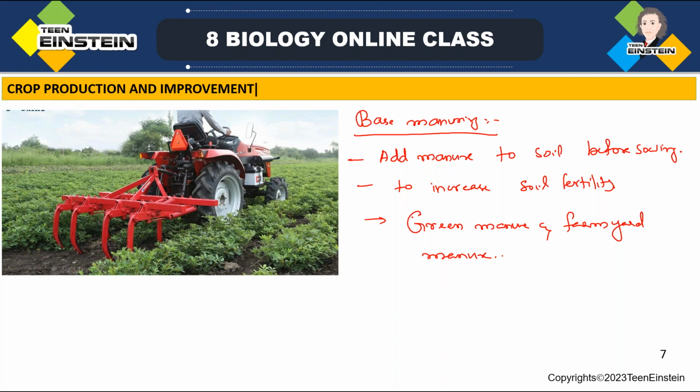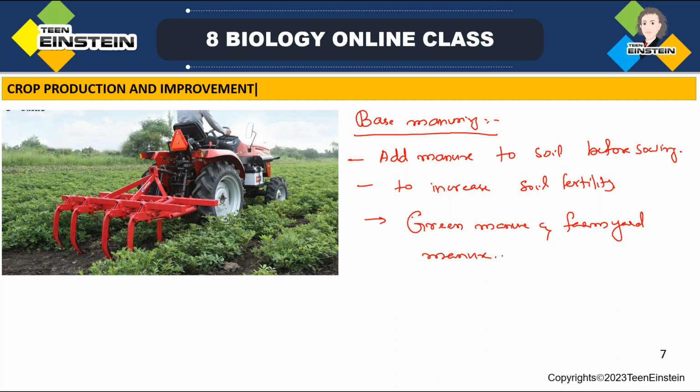In that climatic condition and that particular soil condition, we need to find out which crop gives good yield and which variety is best for your area, your land or your climatic condition.